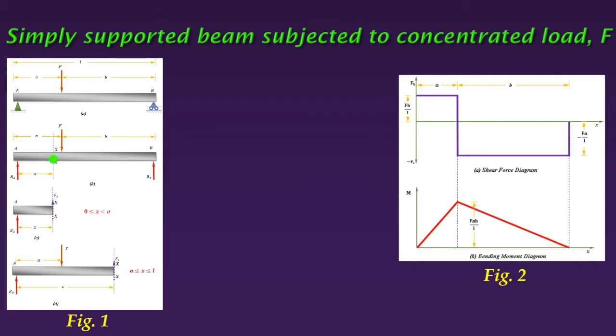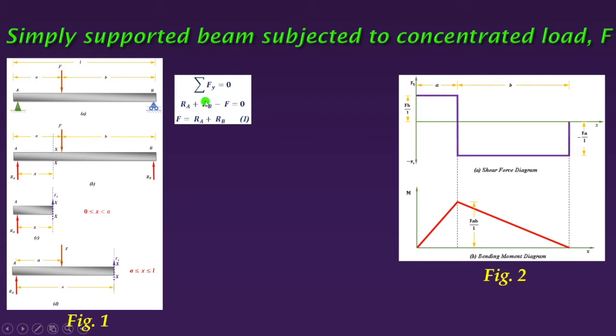Now the first step is to find out the value of the reaction forces Ra and Rb. So for the entire beam subjected to force F, Ra and Rb, it is in static equilibrium under these three forces. So summation of Fy is 0.